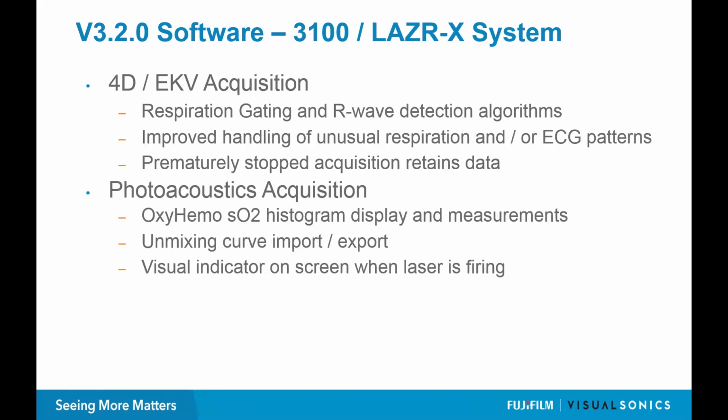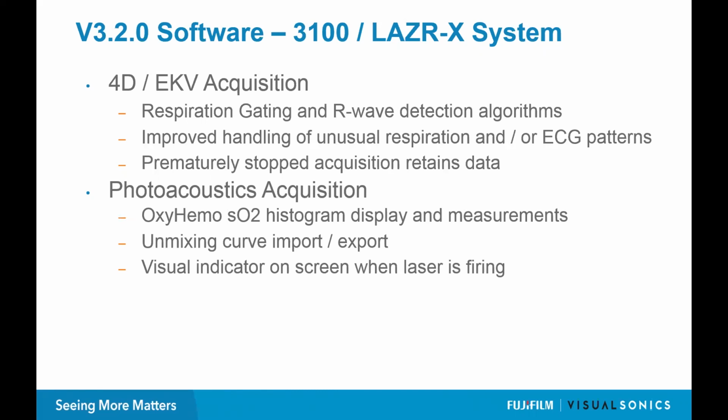Looking at the photoacoustic side of the equation, with some of the changes and tools that are here, I'll just defer to Drew to comment. Sure, yeah. A few small things on the photoacoustics acquisition side of things on the system. There's a couple of measurements that we've integrated into the system. I'll talk a little bit about those and demonstrate them, at least in the lab setting, a little later.